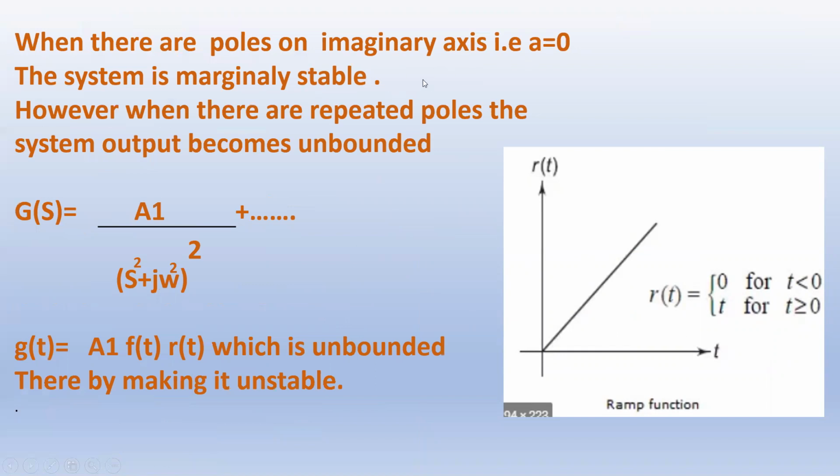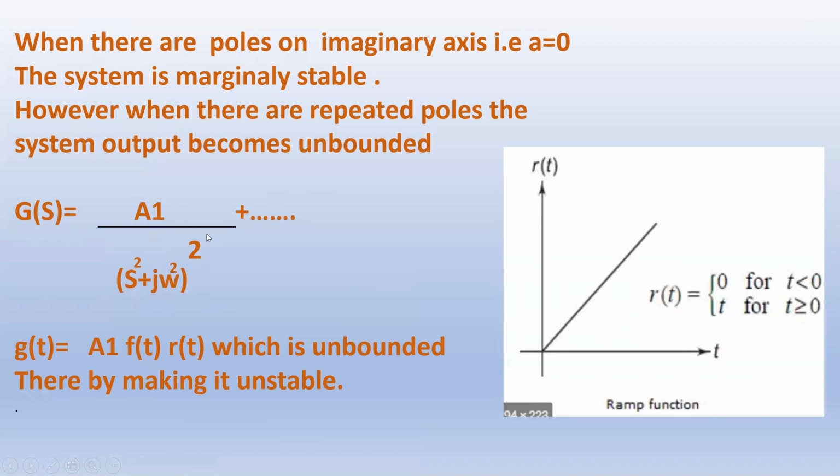However, if there are repeated roots on the imaginary axis, at plus minus j omega, then it will become unbounded.